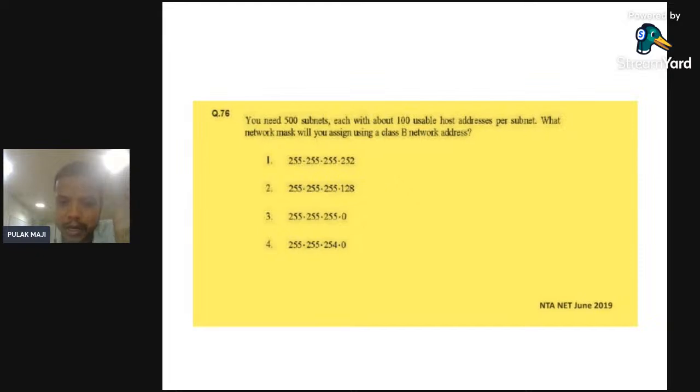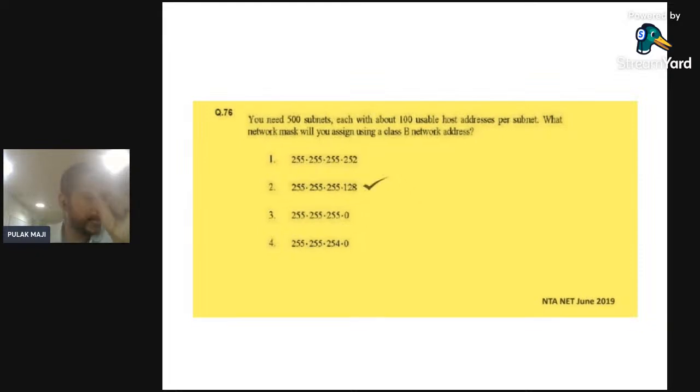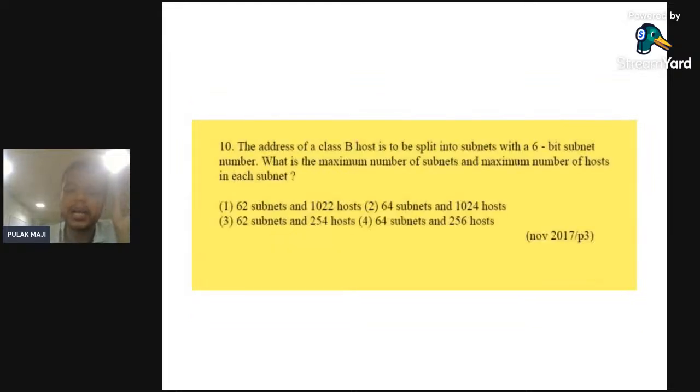In this network, what is the network ID? The network ID is 200.10.20.0. Now I have to divide this network ID. How can we divide it? It is very easy.